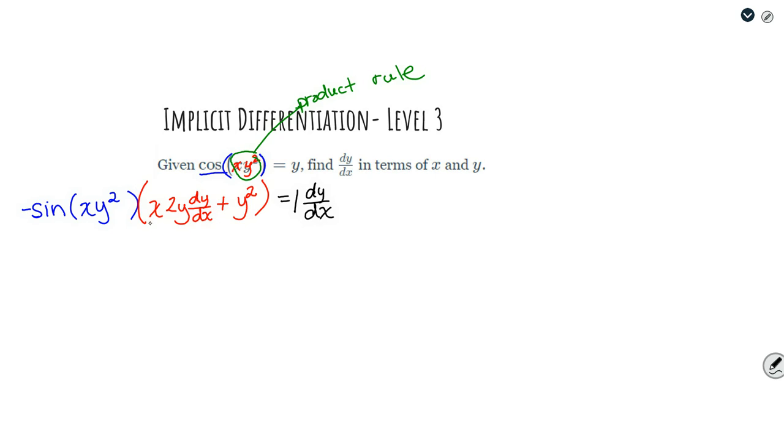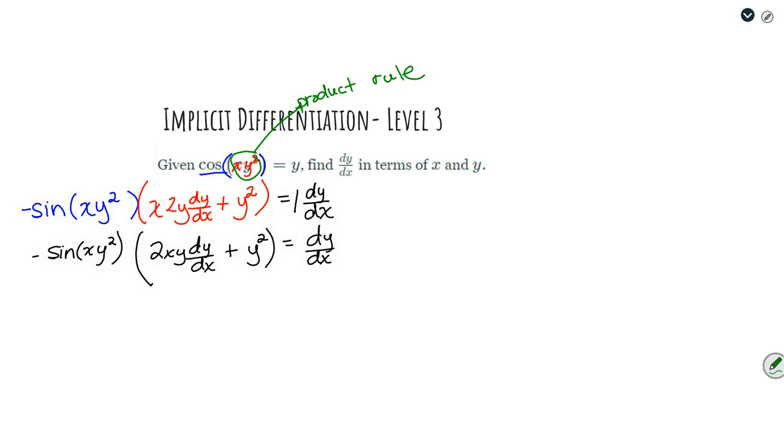Okay, so let's see. Can we clean this up a little bit? Oh, I solved it. Here it is. dy/dx is, oh no, it's not. There's another dy/dx in here. Okay, so let's clean this up a little bit. Negative sine of xy squared times 2xy dy/dx plus y squared equals dy/dx.